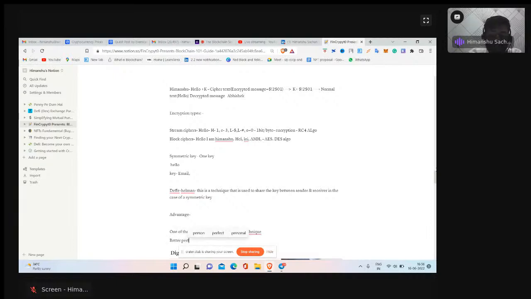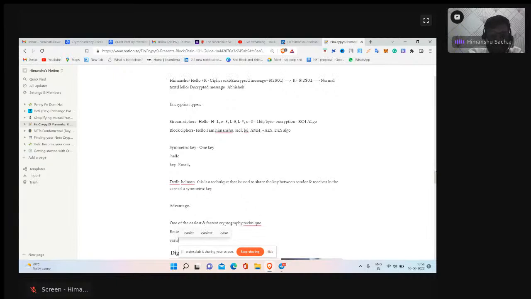Okay, because it is fast. Okay, so you can easily convert your data, like if you are sending a large number of data, it can be easily converted into ciphertext and can easily be sent to the users or to the receiver, and he can easily convert into the original text and can read it, which means it is fast, easy, and it gives you better performance. Okay, also it is easy to implement.